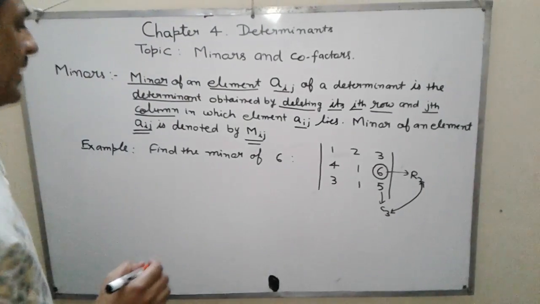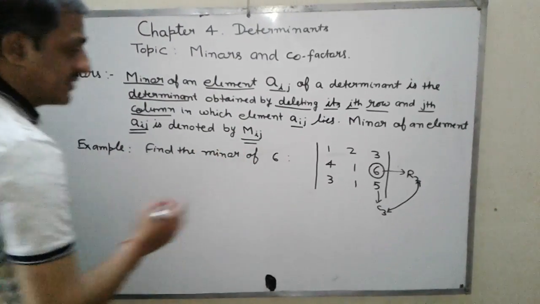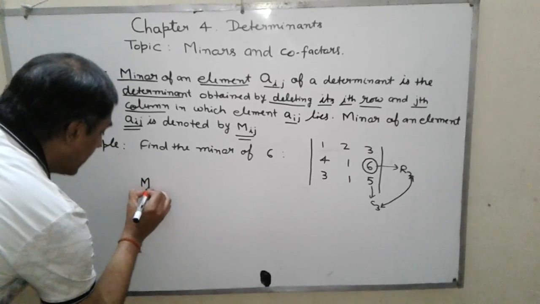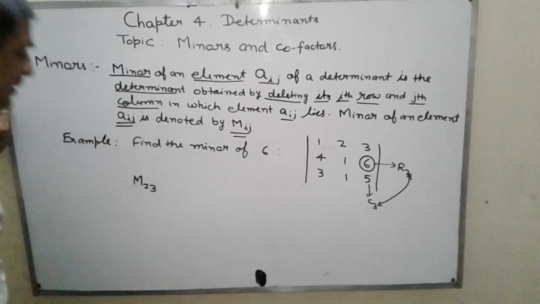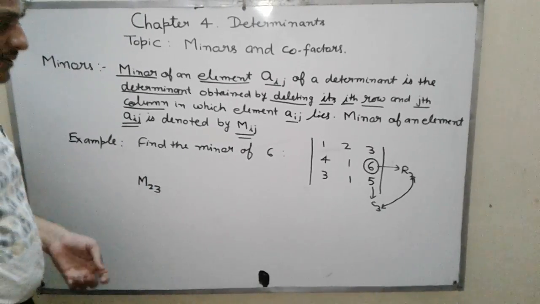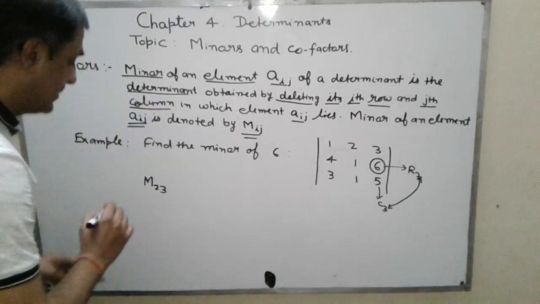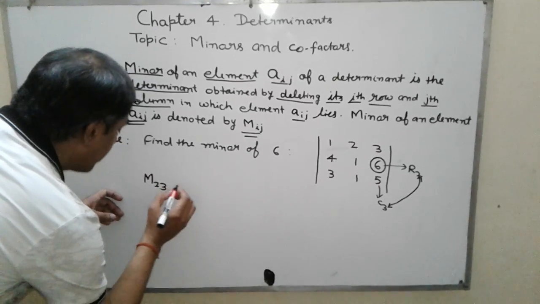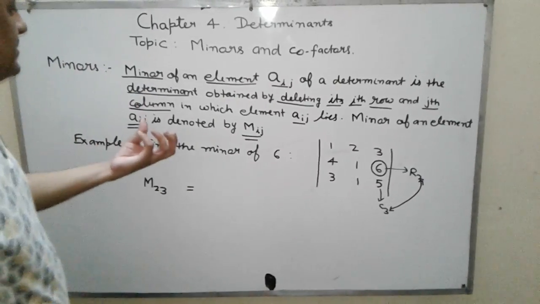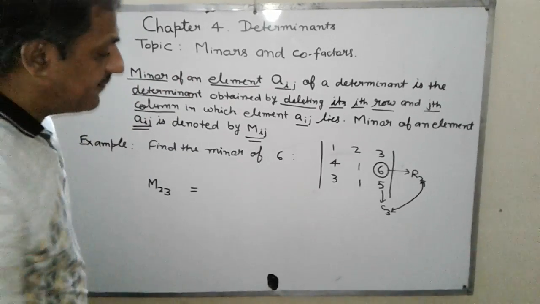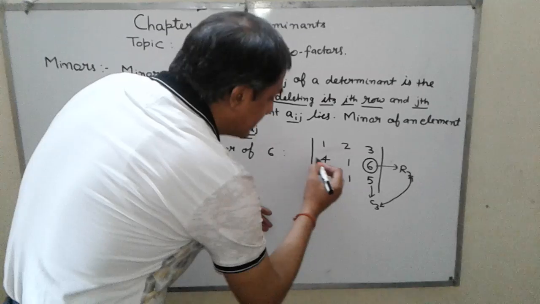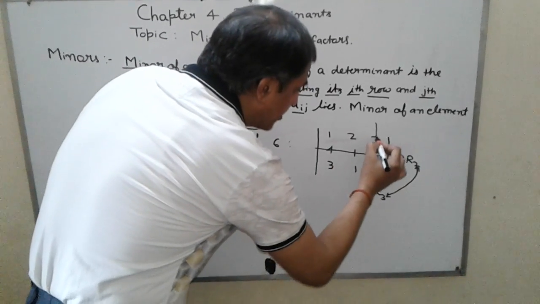So now we are going to find the minor of 6. M23 stands for the minor of 6. How should we find the minor of this element? By deleting the second row and the third column.